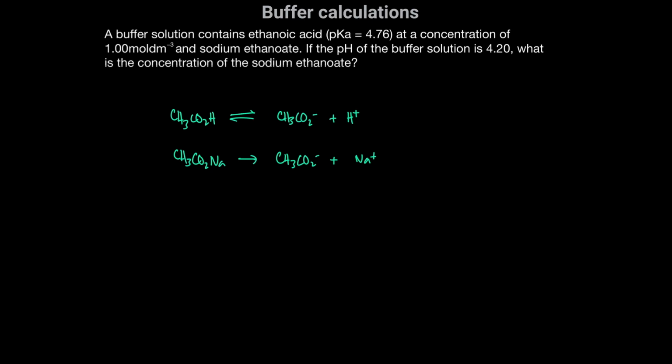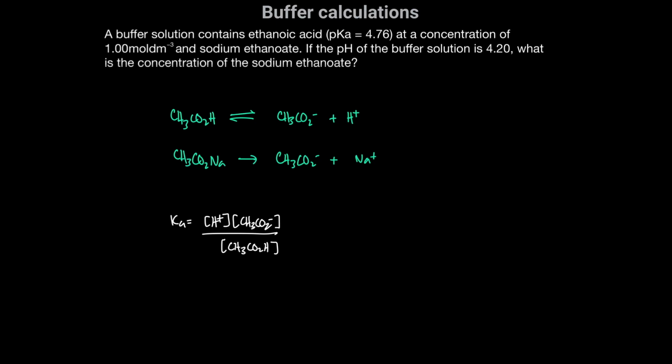And we know that the Ka for ethanoic acid is the concentration of H plus times the concentration of CH3CO2 minus divided by the concentration of ethanoic acid. Now, for a buffer solution, we can assume that the acid remains unionized because a very small percentage of the acid ionizes.